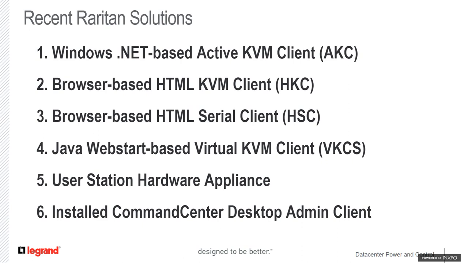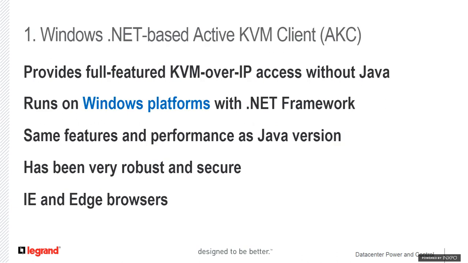Okay, so what I'm going to go through is some of our recent solutions, both non-Java solutions that we have, as well as enhanced and improved Java solutions. I'll just quickly go through and show you what we've done and what some of our newer solutions are.